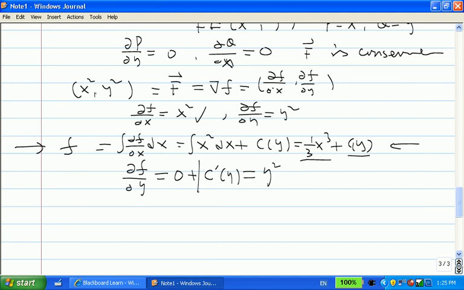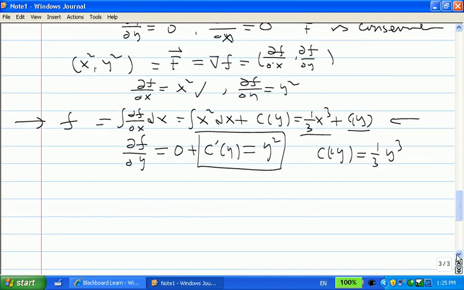So c is a function such that its derivative gives you y squared. Therefore, integrating on both sides, c of y is 1/3 y to the third. So we find f of x, y, which is 1/3 x to the third plus 1/3 y to the third.